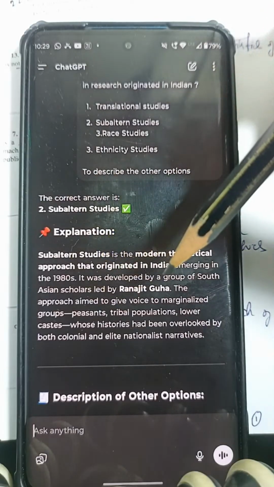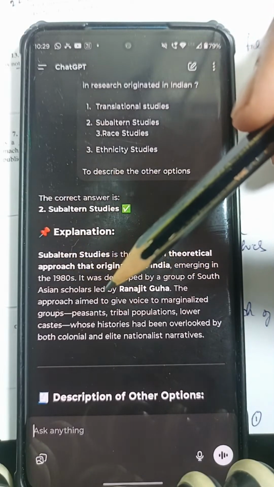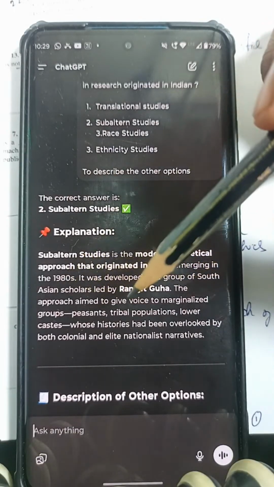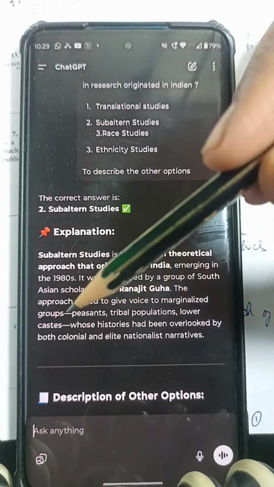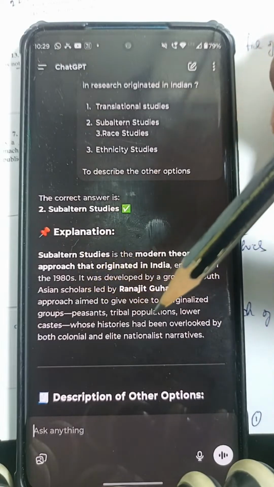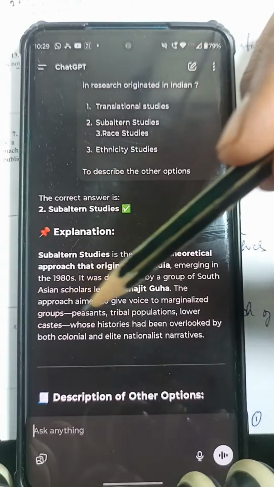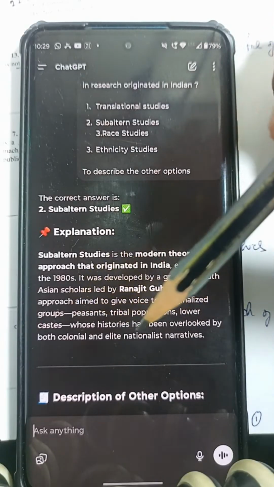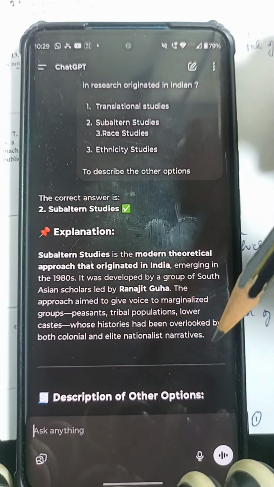It was developed by a group of South Asian scholars led by Ranajit Guha. The approach aimed to give voice to marginalized groups like peasants, tribal populations and lower castes, whose histories had been overlooked by both colonial and elite nationalist narratives.